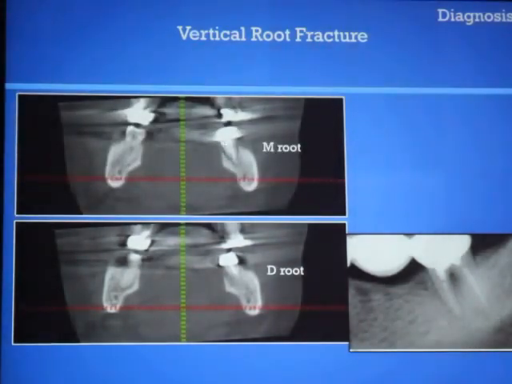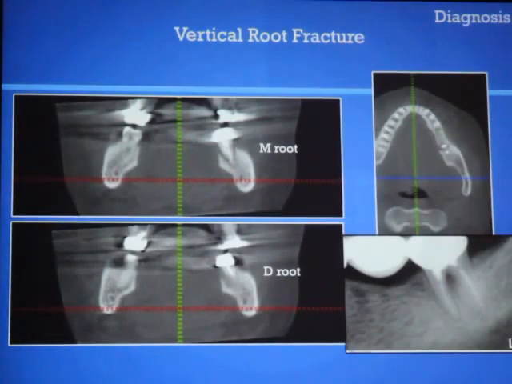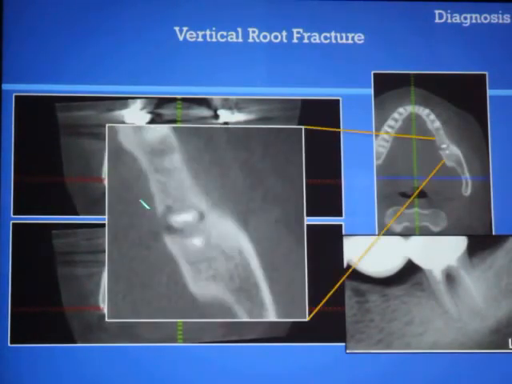On the mesial root, you can see extensive bone loss around the root, mainly the lingual aspect. And you see the axial section, and if I zoom it up, you can see extensive bone loss around the mesial root and a break in the lingual cortical plate.